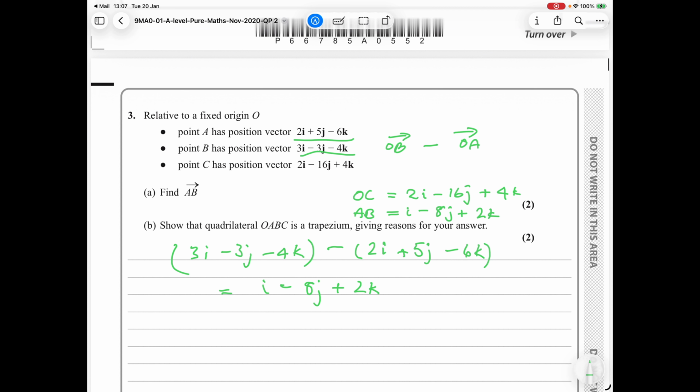And I recognise on that basis that AB is parallel to OC because OC equals 2 times AB. And therefore one is 2 times longer than the other.